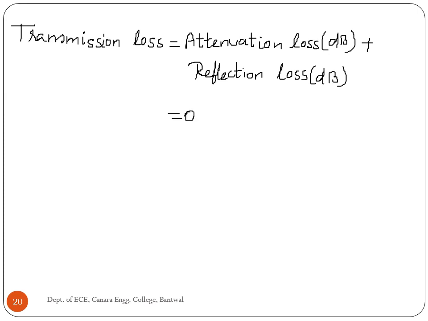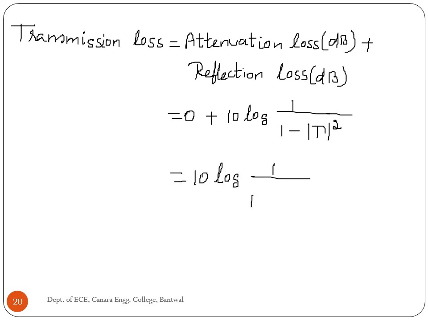Attenuation loss is 0, reflection loss is 10 log of 1 divided by 1 minus square of reflection coefficient, which is equal to 10 log of 1 divided by 1 minus 1 divided by 25, which is equal to 0.1773 dB.